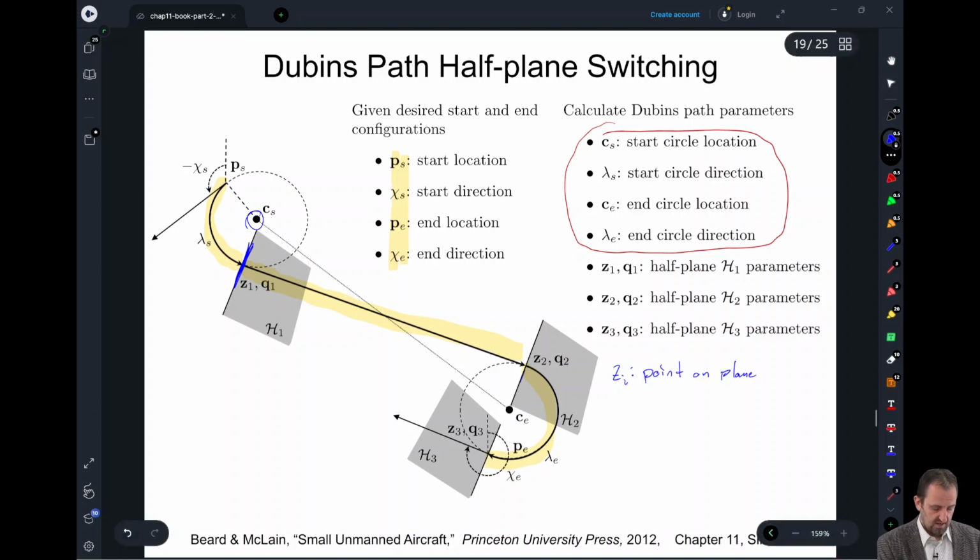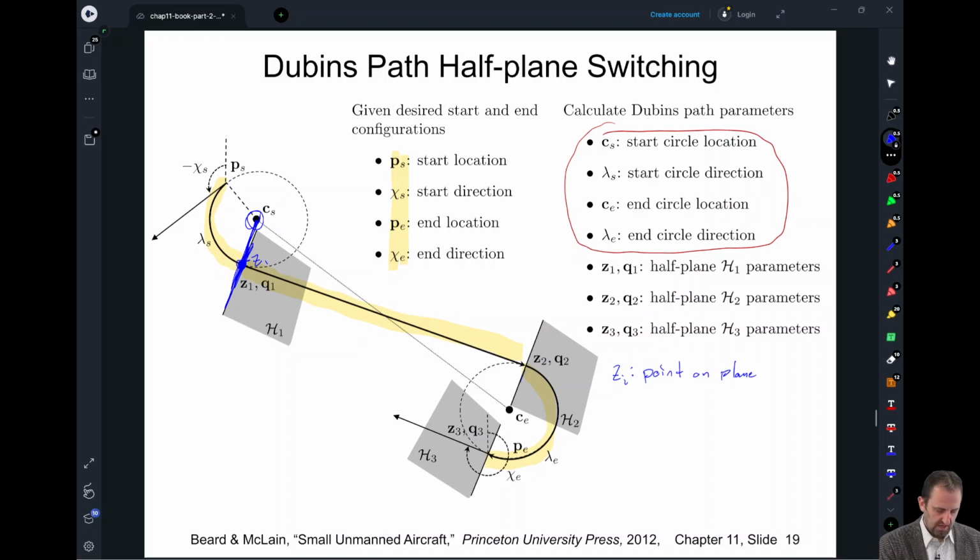One is we could choose Z1 as CS because the boundary actually includes CS. A second choice is we could define Z1 to be on the path. And we're going to define our Z's to be on the path, even though we could use the center line.